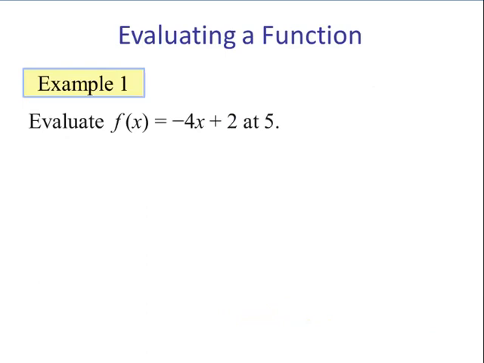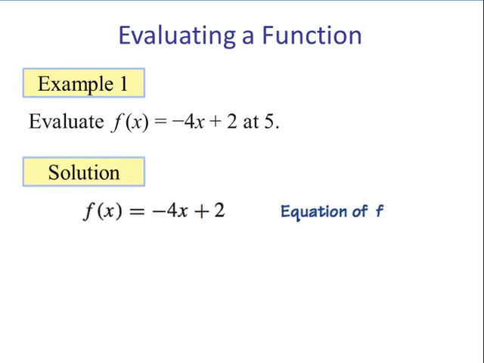Evaluating a function. Example 1. Evaluate f of x equals negative 4x plus 2 at 5. So we begin with our equation. We want to know what is the y value when x is 5. So we substitute 5 in the equation everywhere we see an x.